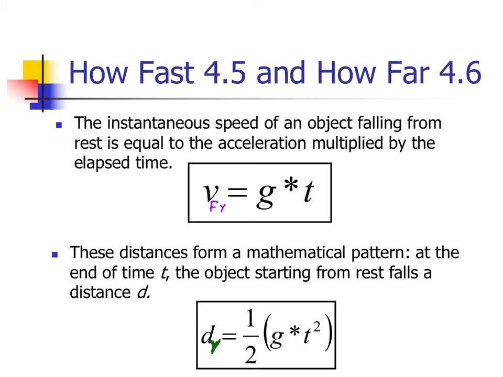And we can even solve for time in this case, because sometimes we'll be given how far an object has fallen and need to know how much time it was in the air. So these two equations are extremely important when dealing with times and distances when we're dealing with gravity.